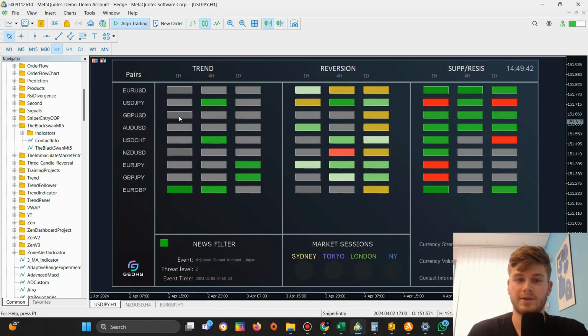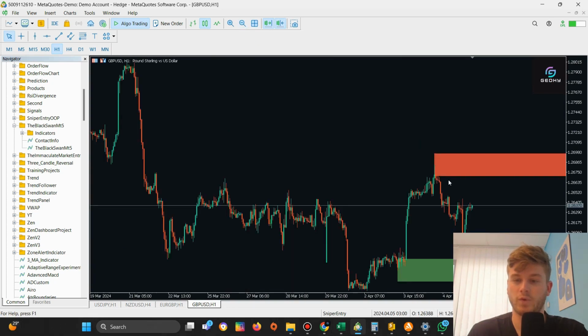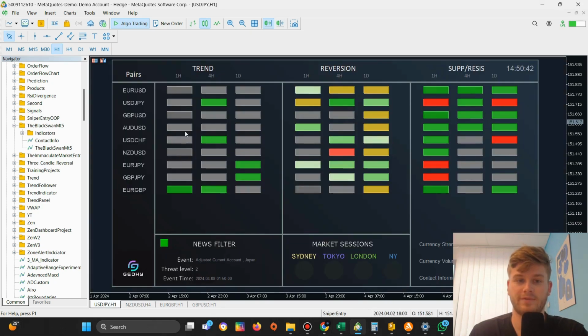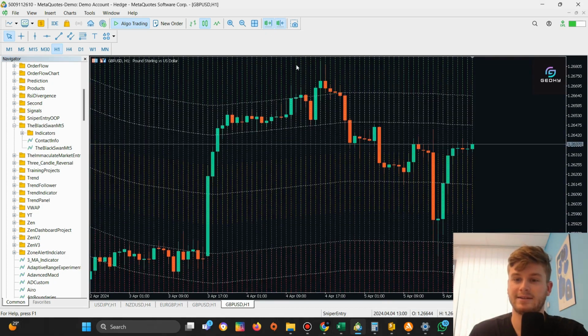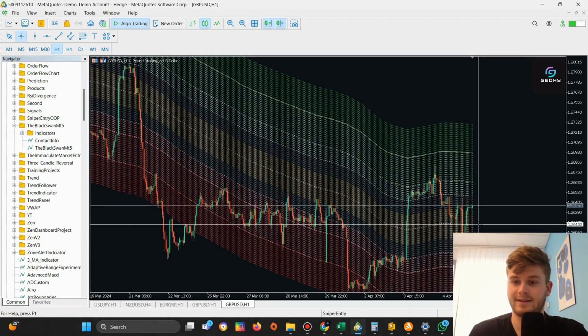So for example, here on GBP/USD 1 hour time frame, there's a support zone. If you click on this indicator, then you know where the price is. In this case, I would wait for the price to go either up or down to one of these zones, and then wait for it to bounce off and go near its average price, which, if we check the reversion indicator, is right here in the middle.